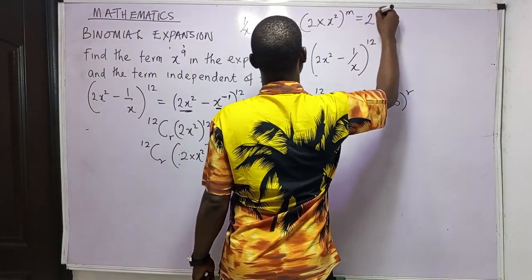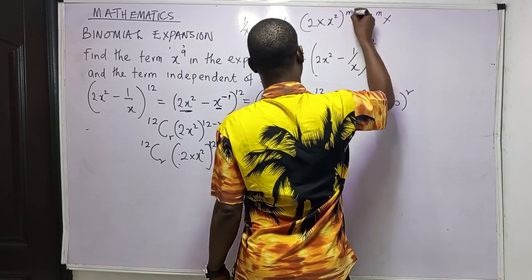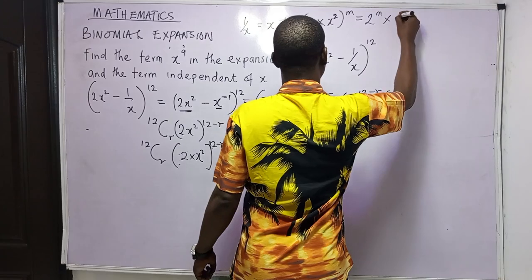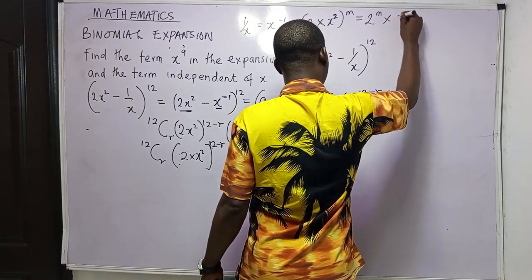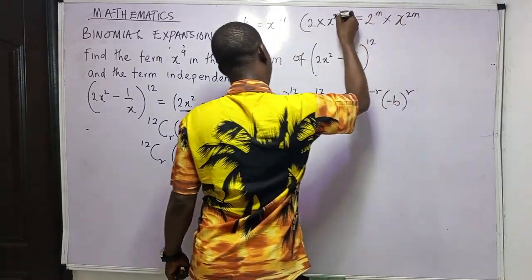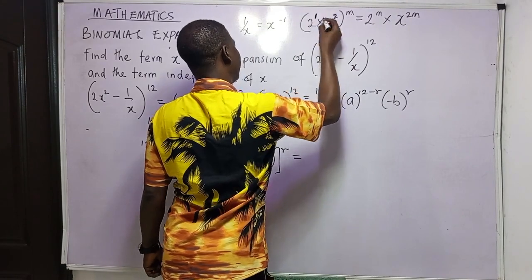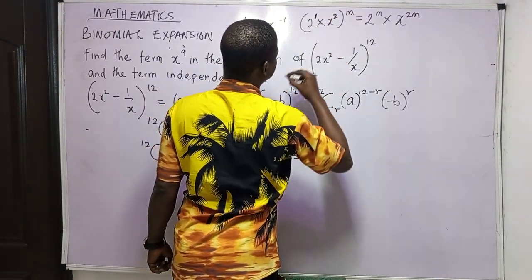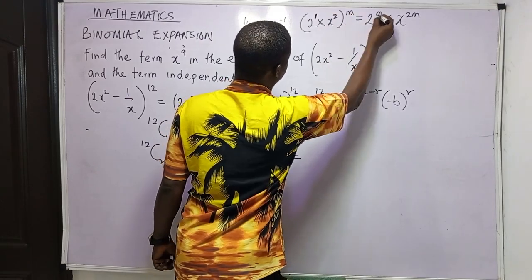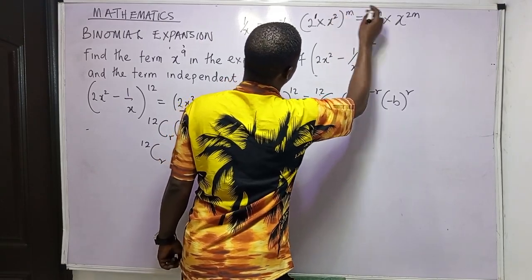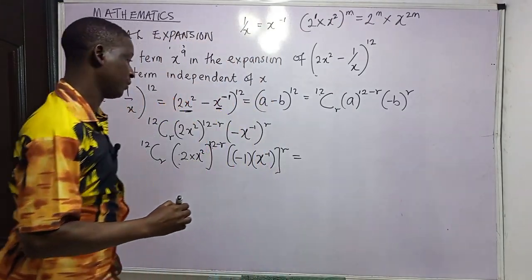It means 2 raised to power n times this n would multiply the 2, because power multiply power. What is the power here? 1. 1 times n is n. The power here is 2. 2 times n is 12. So that's what I want to have.